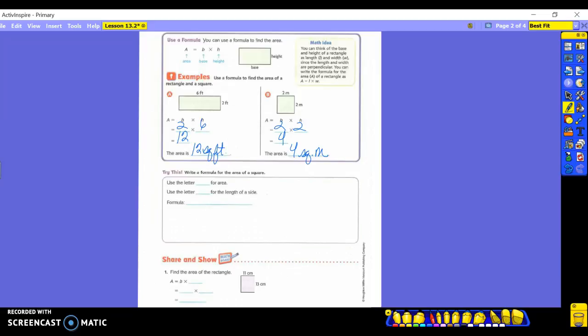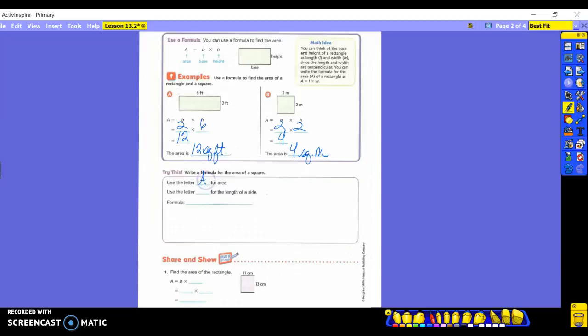All right, look at the try this box. You're going to write the formula for the area of a square. So let's think about this for a second. If they are the same, yes, I know I could still use area equals base times height. But let's think of what else we could use. Obviously, what are we going to use for the letter for area?